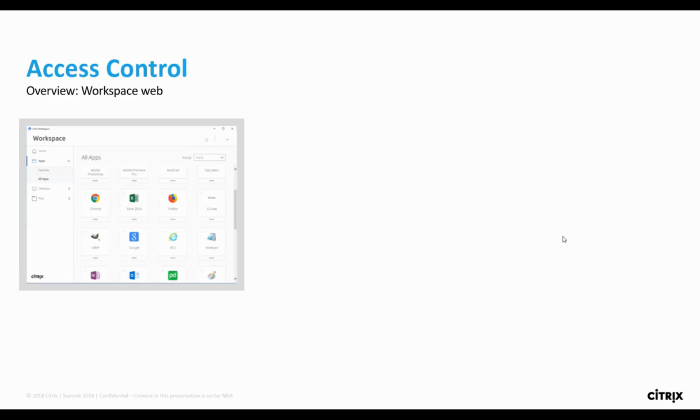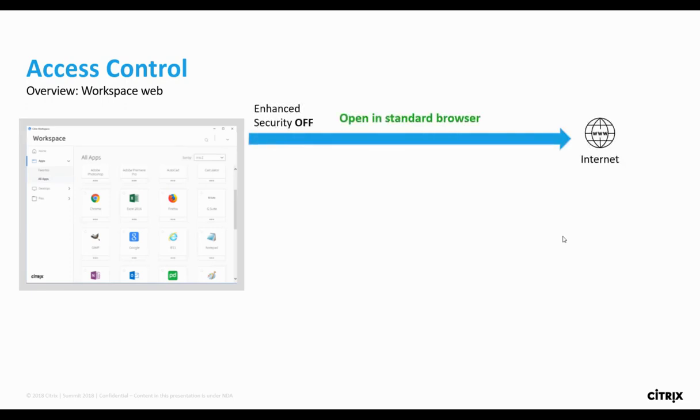Now, Workspace Web, so that was Workspace App, desktop or mobile. Workspace Web, on the other hand, things happen a little differently. So with enhanced security turned off, you access an app via Workspace Web, the HTML5 browser, we're going to connect to that SaaS app with our local browser as a new tab.